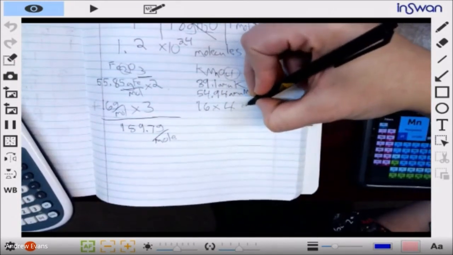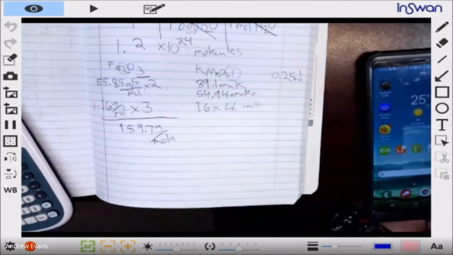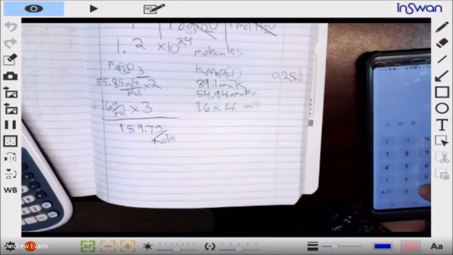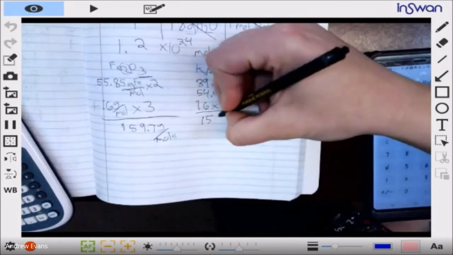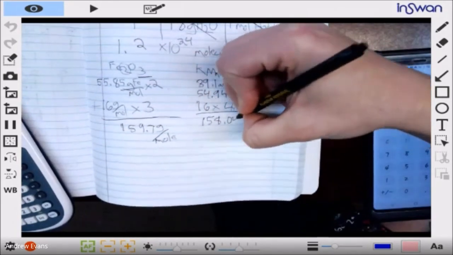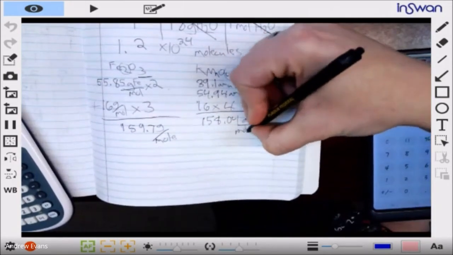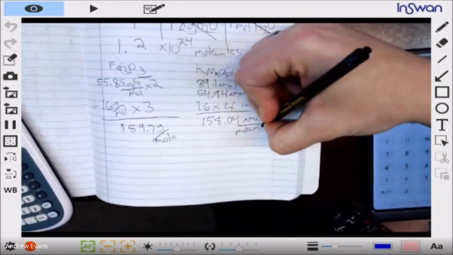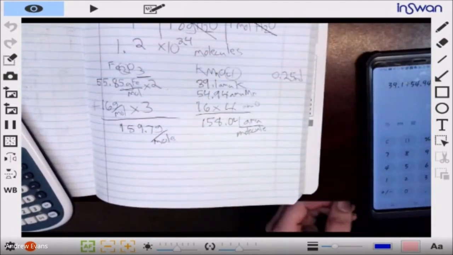So doing this math, just summing them up, 39.1 plus 54.94 plus 16 times 4 is 158.04 AMU per molecule.